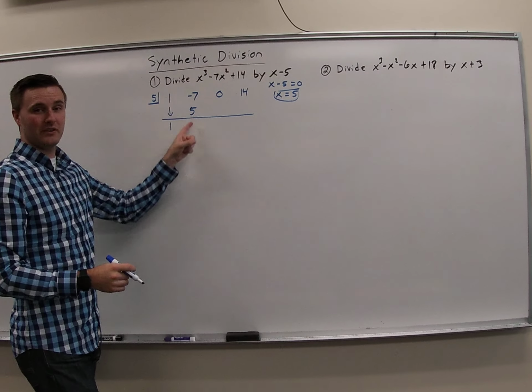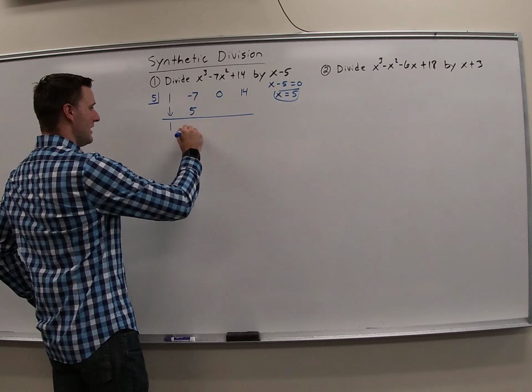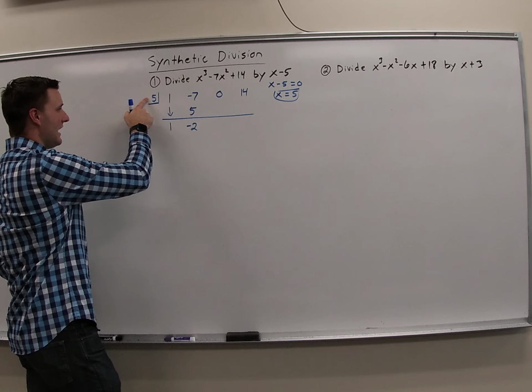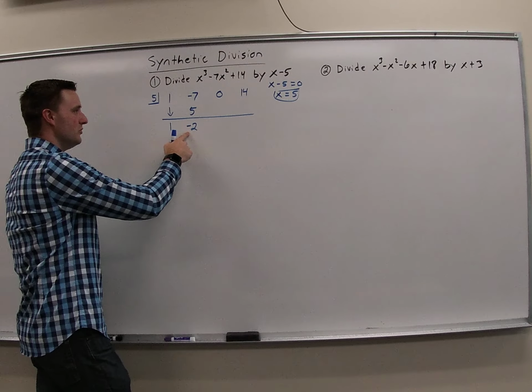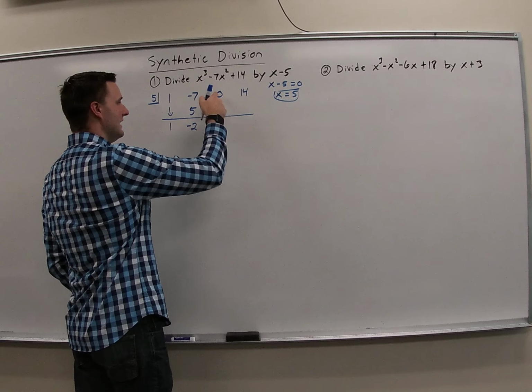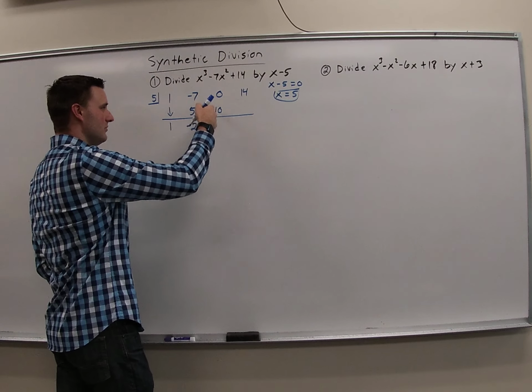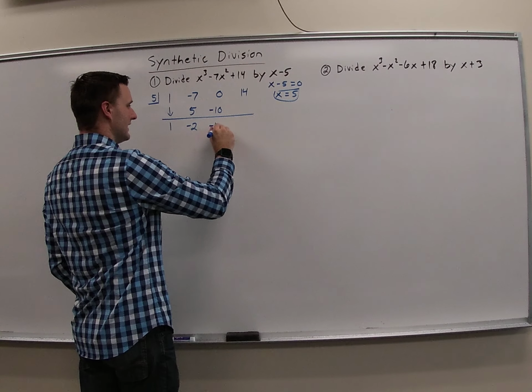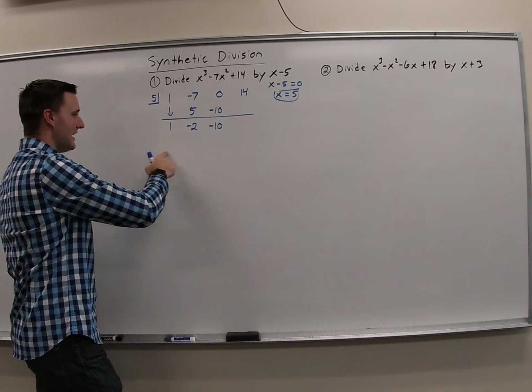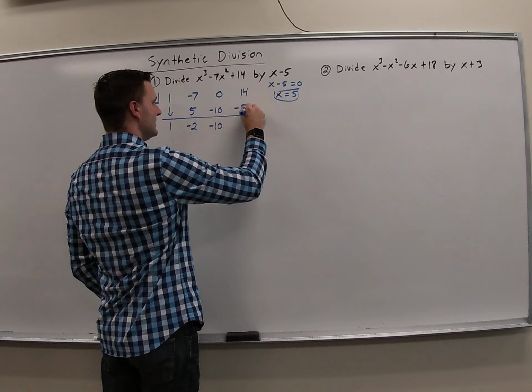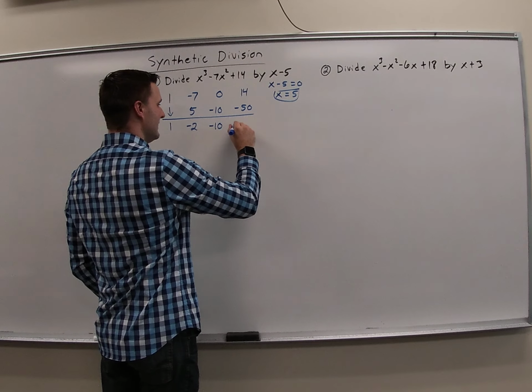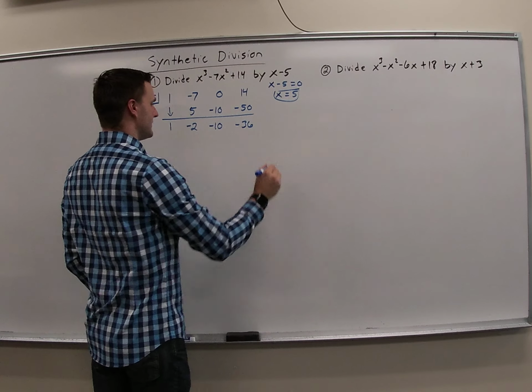And then I'm going to just combine like terms. Negative 7 and 5 combine to a negative 2. 5 times negative 2 is negative 10. And combine like terms: 0 minus 10 is negative 10. 5 times negative 10 is negative 50. And when I combine these, I get a negative 36.